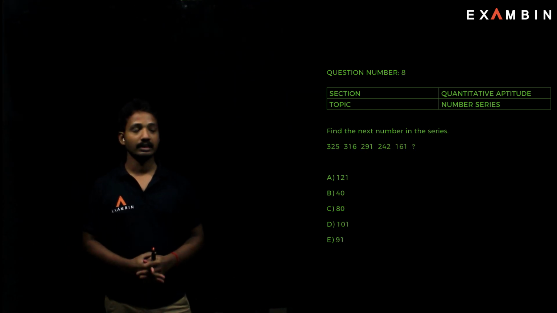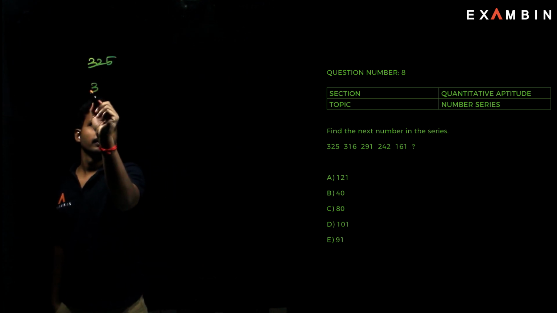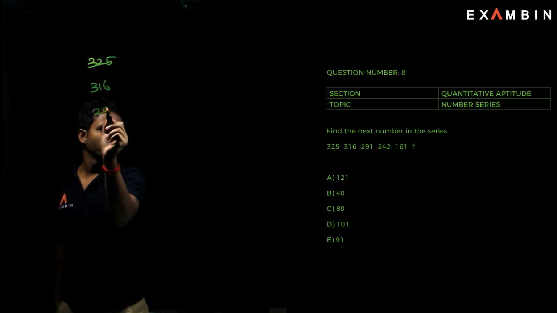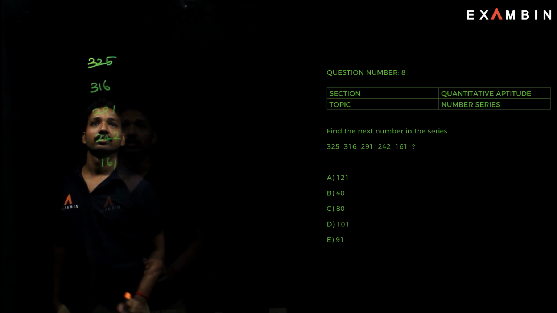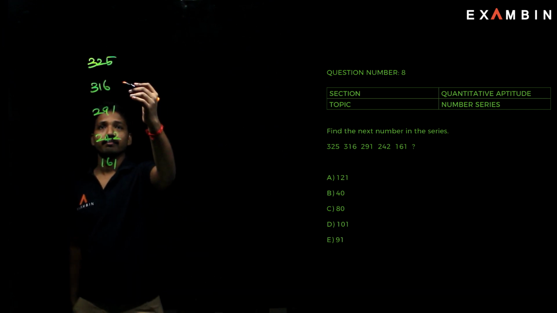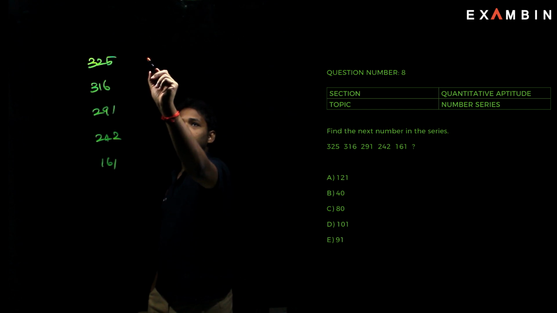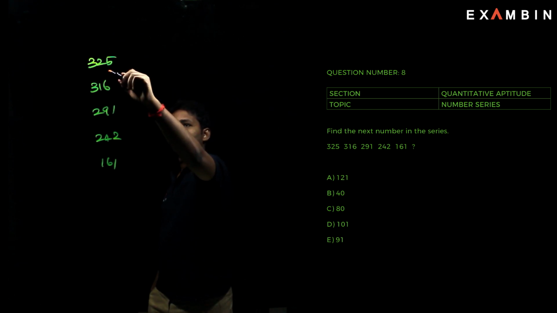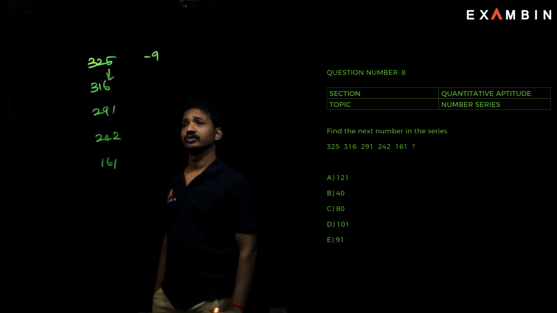Find the next number in this series: 325, 316, 291, 242, 161. 325 minus 316 is minus 9.